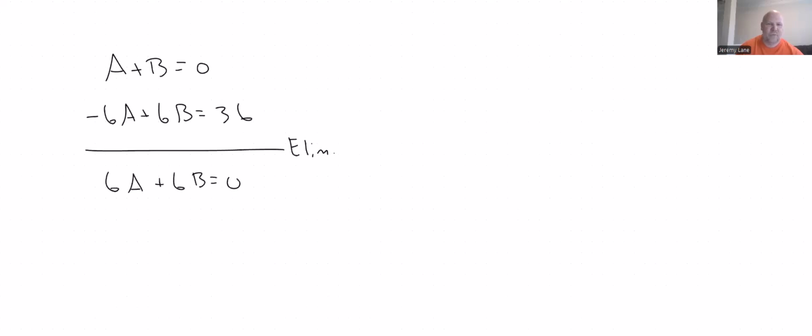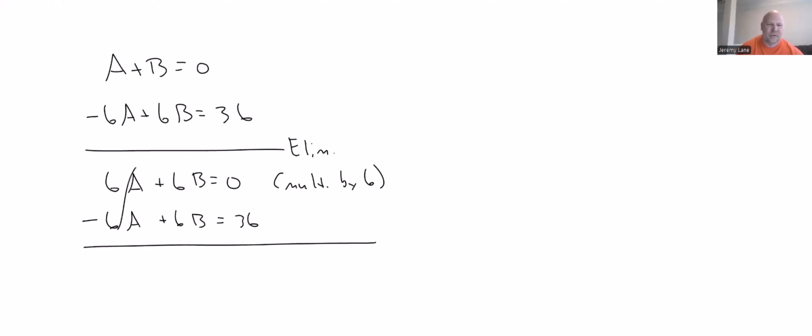So we just multiplied the first equation by 6. Minus 6A plus 6B is 36. Add them together. Those go away. 12B is 36. B is going to be 36 over 12, which is 3.